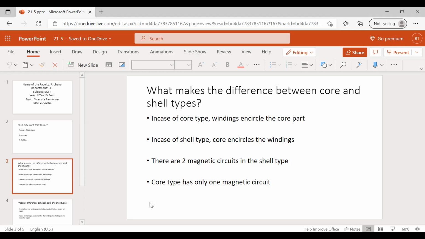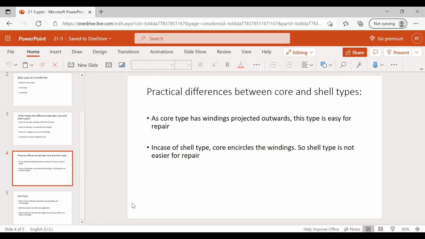So it has two magnetic circuits, with three limbs and two yokes in case of shell type. In case of core type, there are two limbs and two yokes. That makes the difference between core type and shell type of transformer.